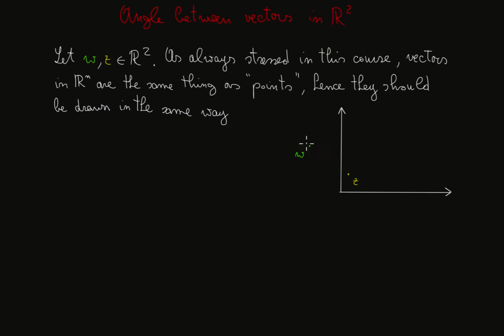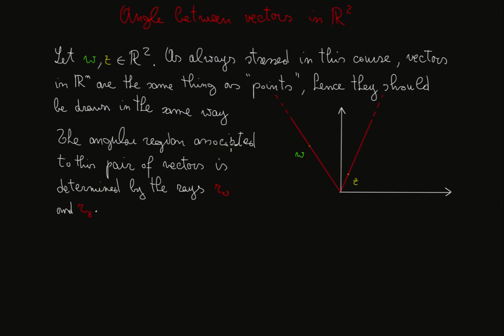So we have 2 points here, one dot referring to W and one dot referring to Z. The angular region associated to this pair of vectors is determined by the rays RW and RZ that we obtain by connecting the two vectors to the origin. So the corner of the angular regions associated to vectors is always the origin of R².